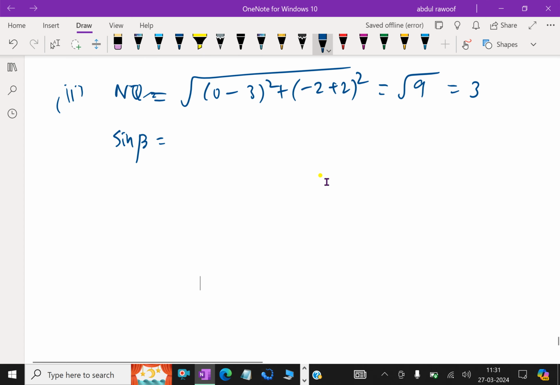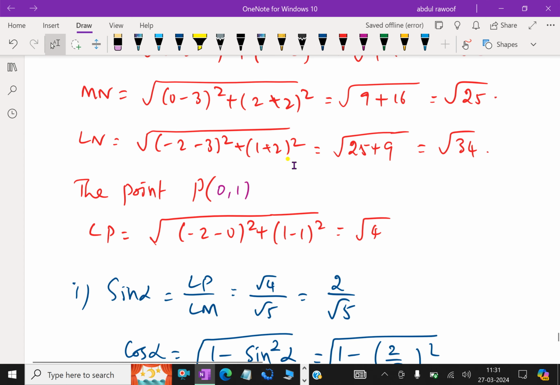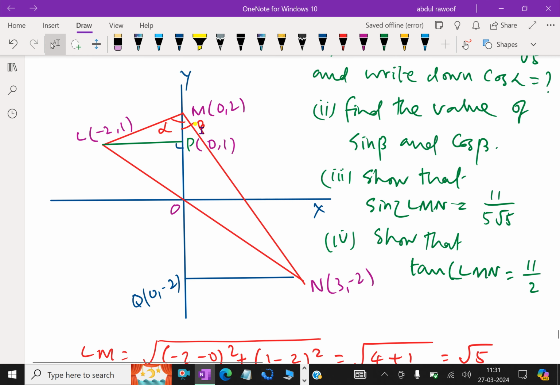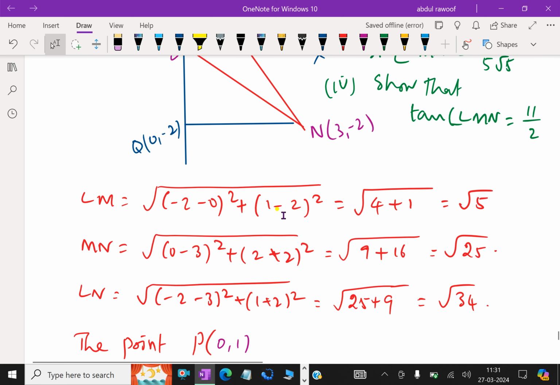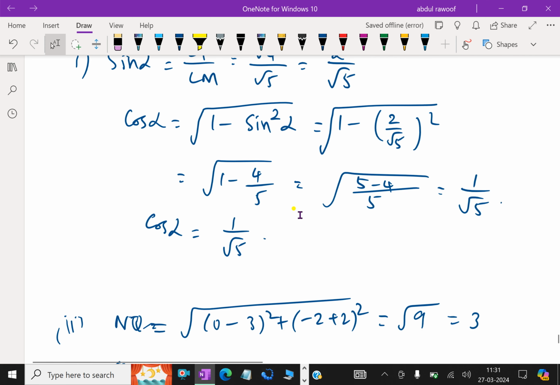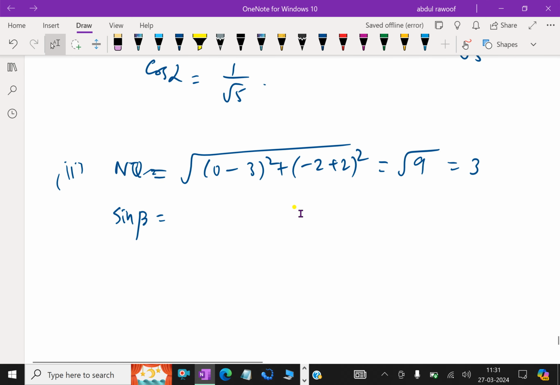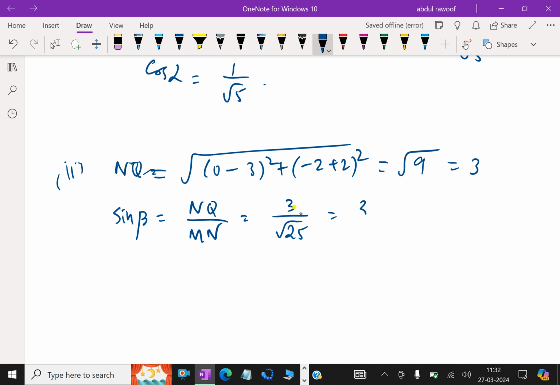Looking at the figure, sine beta is opposite over hypotenuse, that is NQ over MN, which is 3 over root 25, equal to 3 over 5.